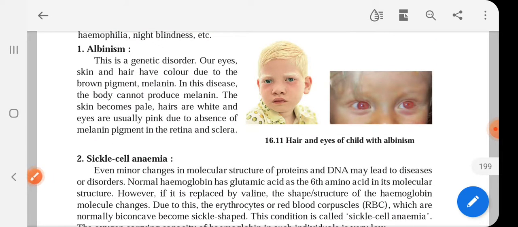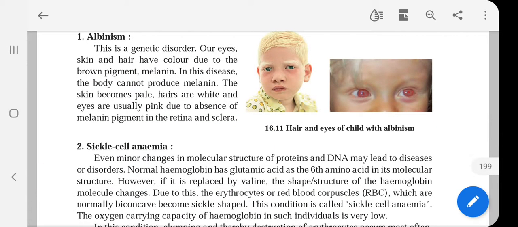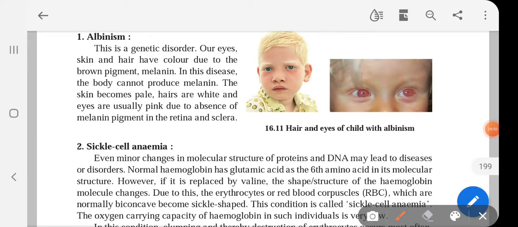Now let us see a few of them. Albinism. This is a genetic disorder. Our eyes, skin and hair have color due to the brown pigment melanin. So we have a melanin pigment under our skin, due to which the color of our skin is brown. The more the melanin, the darker is the shade of our skin. In this disease, the body cannot produce melanin.